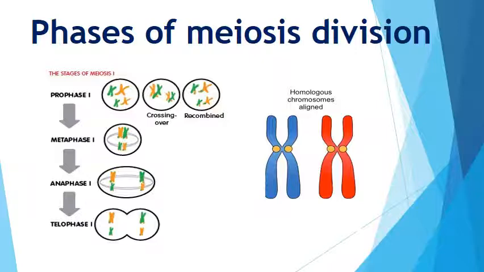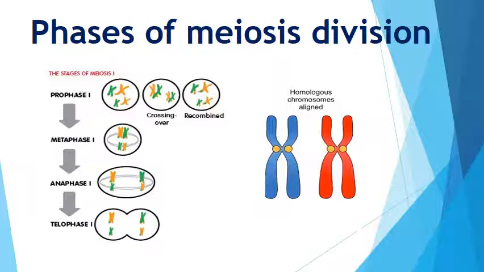At the beginning of prophase 1, the chromatin reticulum condenses, forming long, thin, double-stranded chromosomes, and this is similar to prophase in mitotic division.